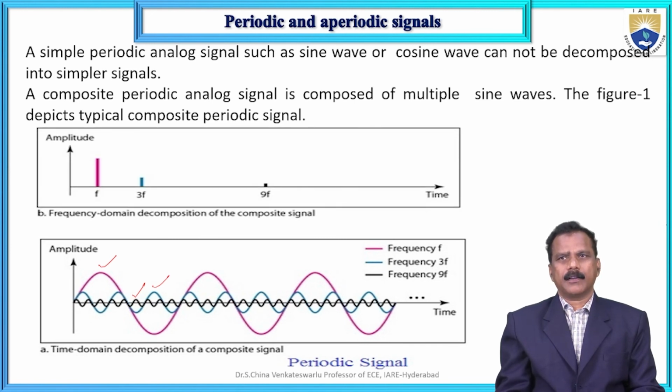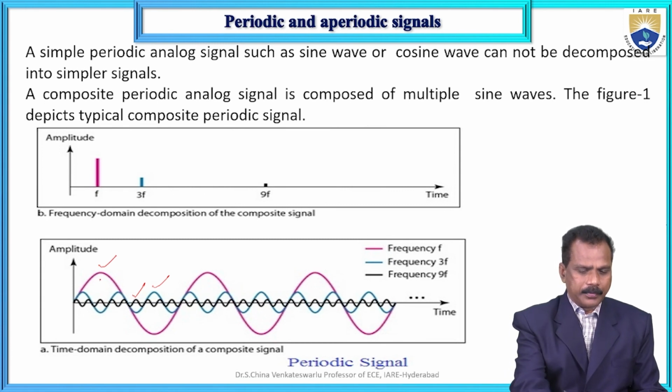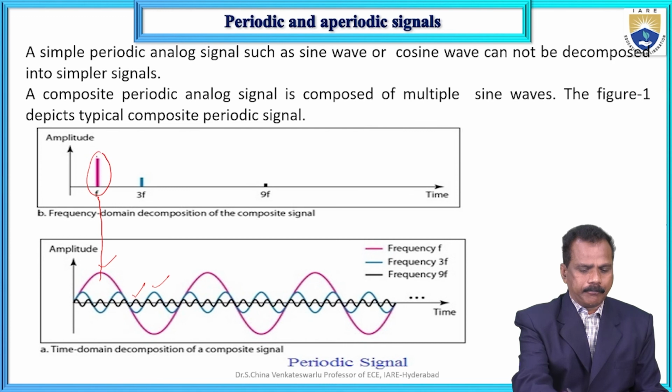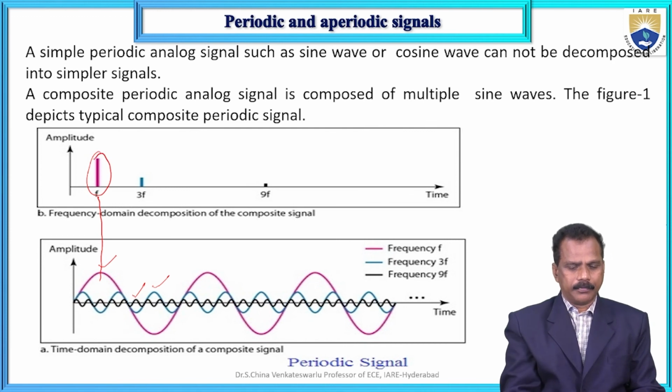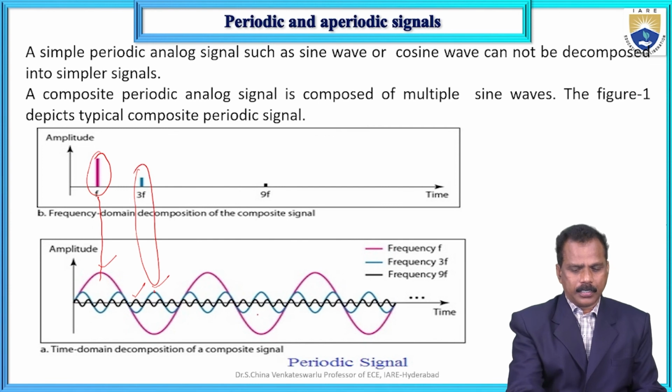Now the frequency domain decomposition of the composite signal, where time versus amplitude is shown. Initially the base frequency f is decided, then 3f is assigned here, and 9f maybe in this color.